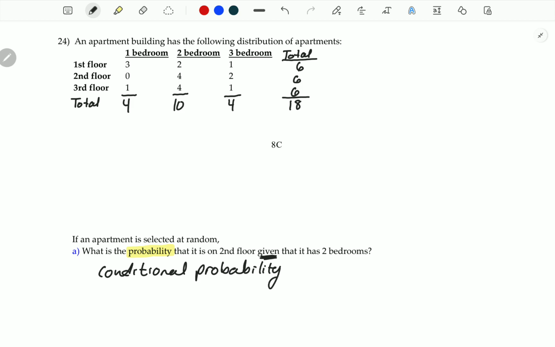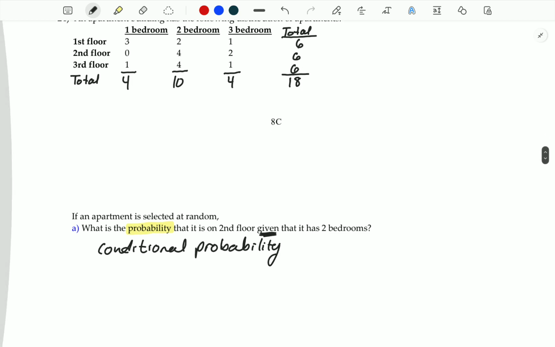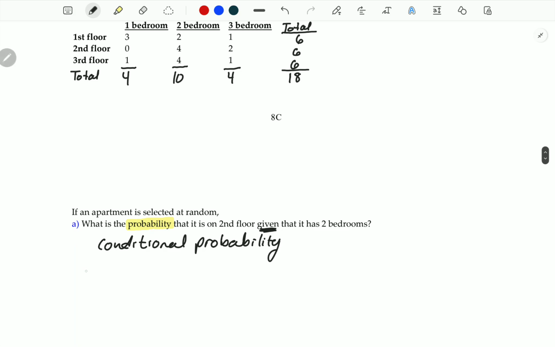What is the probability of event B occurring given the fact that some event A already took place? So I'm going to use the probability of event B given event A, and this is going to equal the total of the intersection between event B and event A divided by the total of the first event A that already took place.